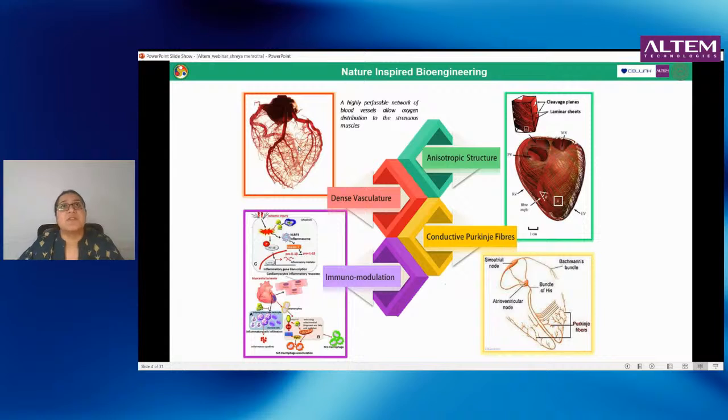There is a lack of oxygen, there is a lack of nutrients, there is infiltration of immune cells, macrophages. So if we are going to implant a tissue or a graft there, it has to have an immunomodulation property, so that it can secure itself by the time the host tissue is able to integrate with it, and it survives the implantation process.